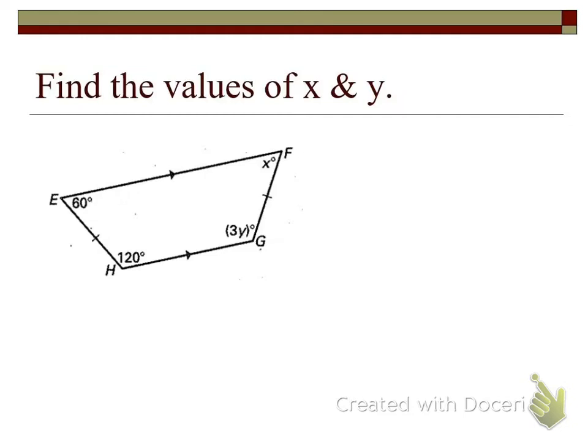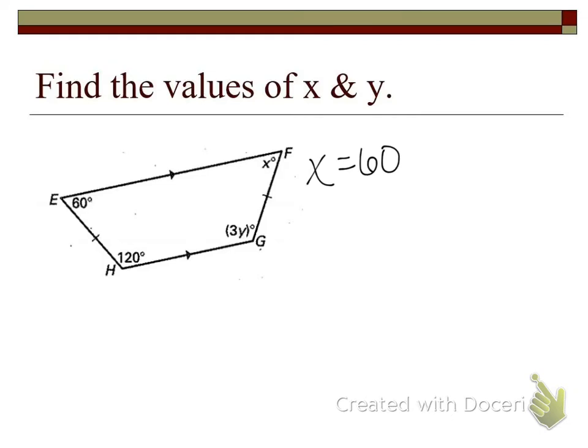One of these angles should be really easy to know right away if this is an isosceles trapezoid. Which variable do we know basically right away? What's x? It's got to be 60. If this is isosceles, angles that are on the same base are going to be congruent, so x has to equal 60.